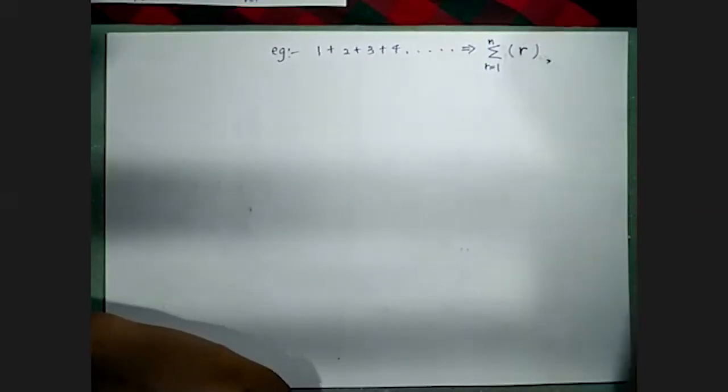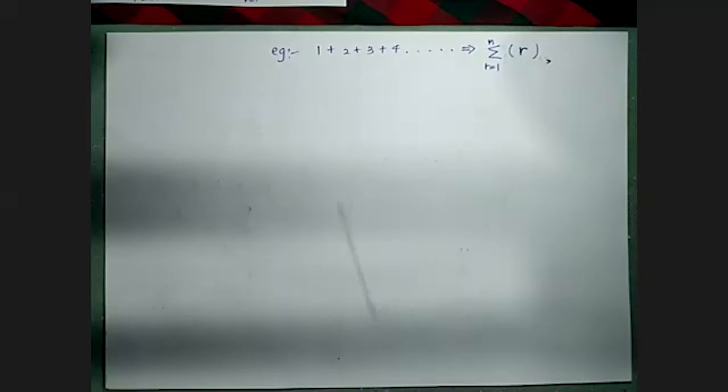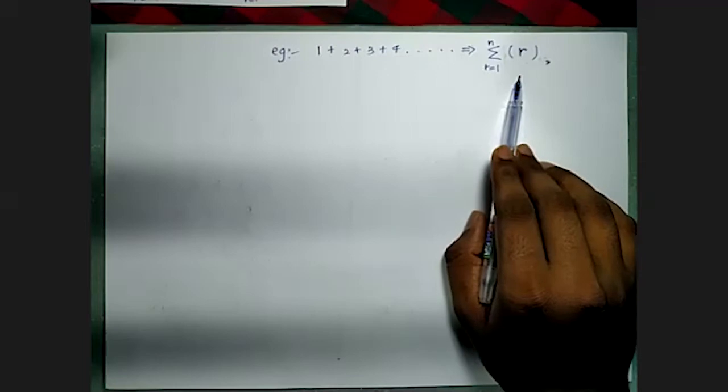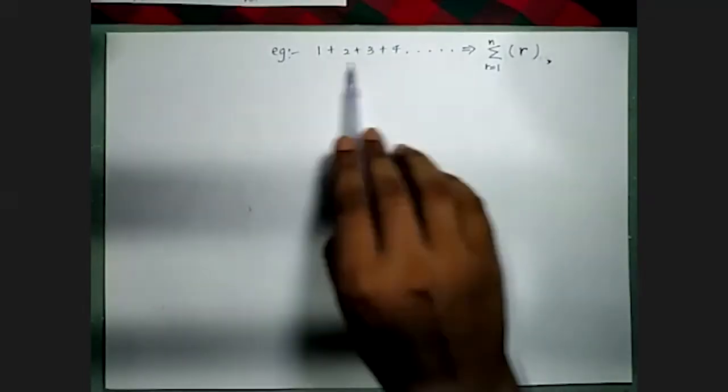You have to take the difference between 2 consecutive terms, that is 1. Multiply that by r. It is just r. No need to add or subtract anything. So this is the notation we have to use for this particular series.